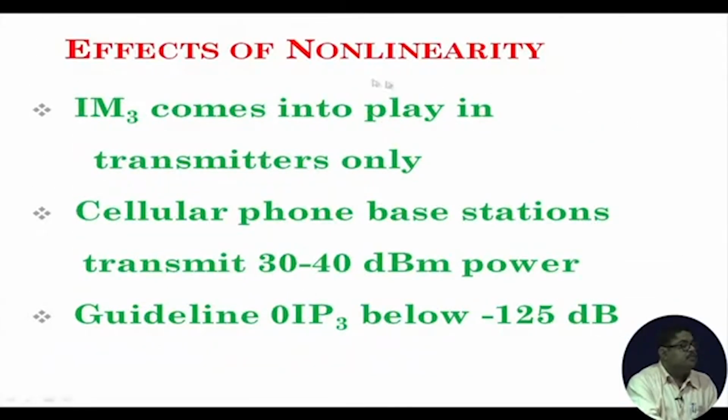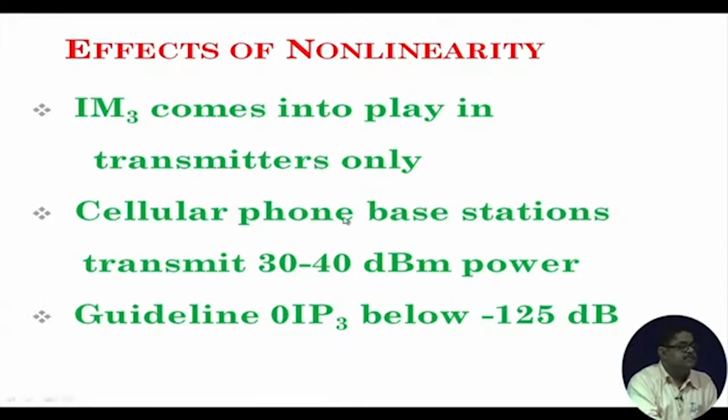Now, effects of nonlinearity. You see that third order intermodulation comes into play in transmitters mainly. Though this example we have shown for LNA and mixer, where this nonlinearity does not normally come, the mixer is inherently a nonlinear device, that is why we have talked about that. But generally in transmitters, it comes in the power amplifier stage, the final stage.